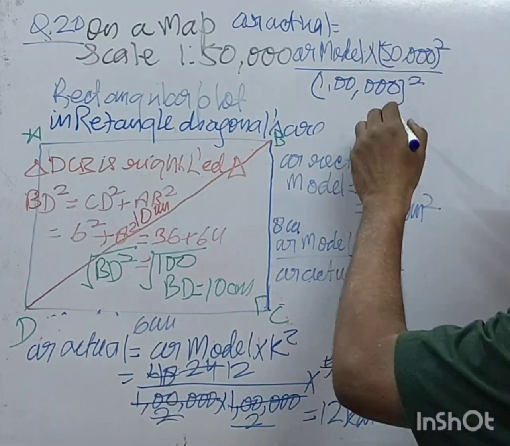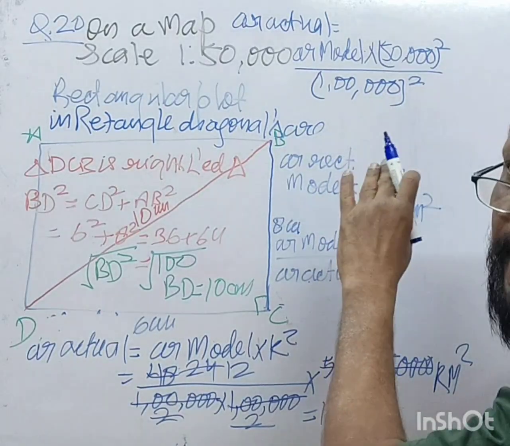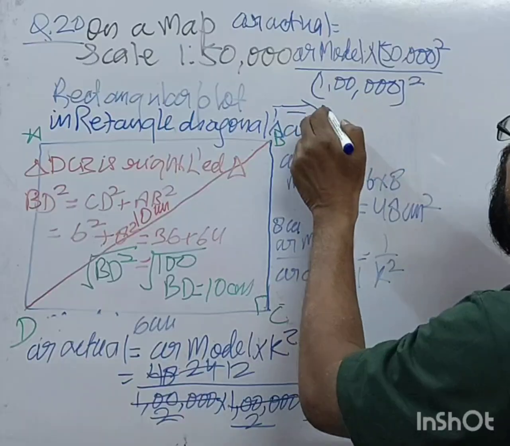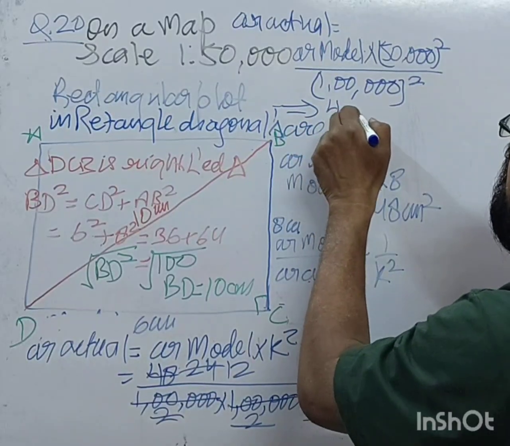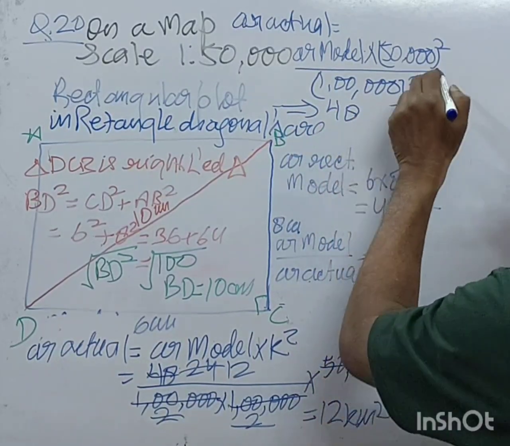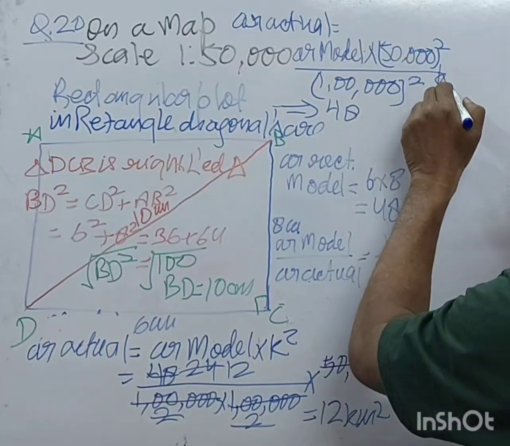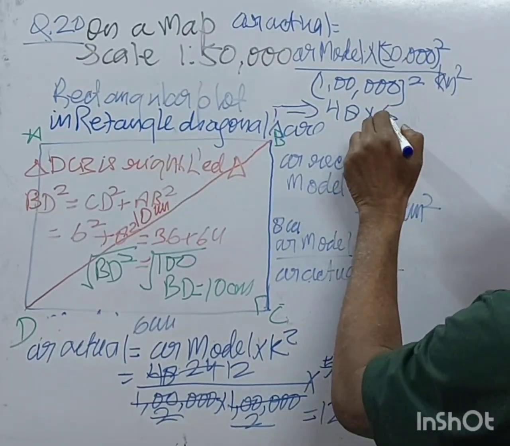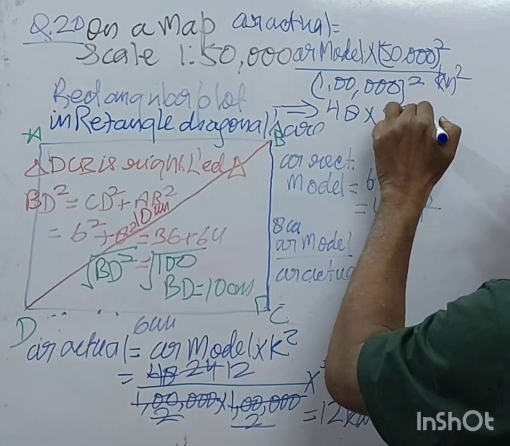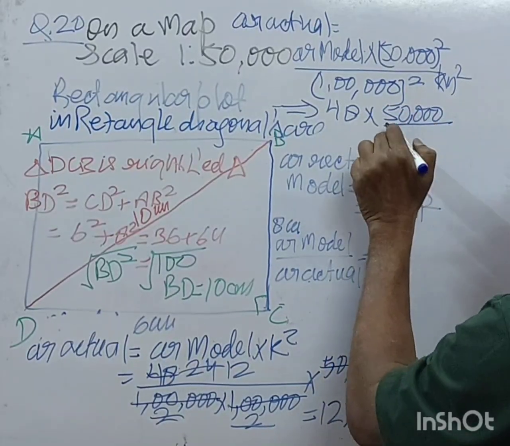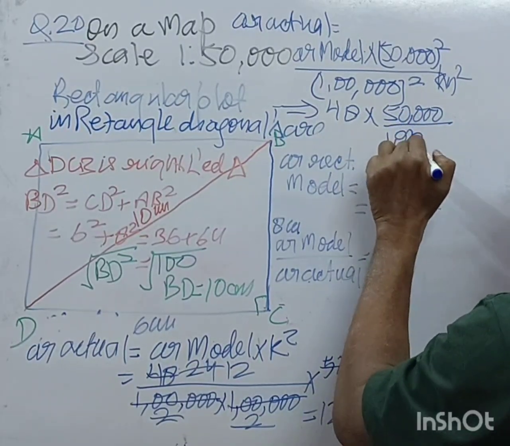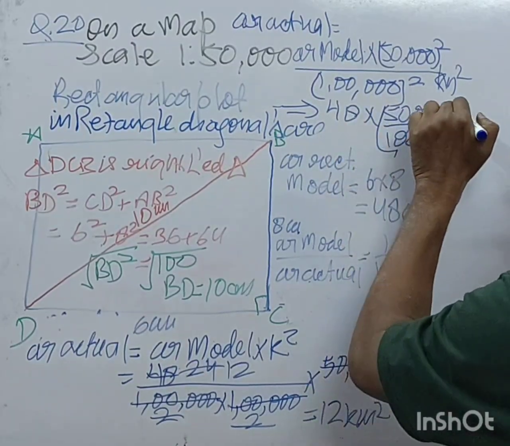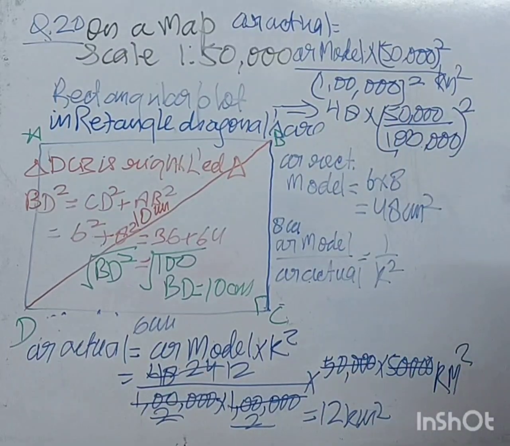So they will not cancel. By mistake I did this. Area model is 48 kilometer square. So 48 into 50,000 upon 1 lakh whole square, right?